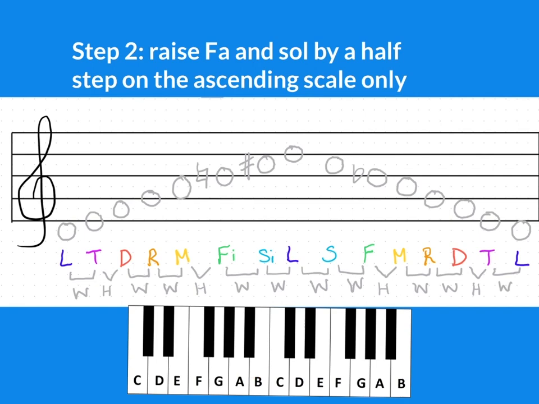So that half step has now become a whole step. And then we have to change Si to La, just like in the harmonic minor scale, is going to be a half step. So whole, half, whole, whole, whole, whole, half.